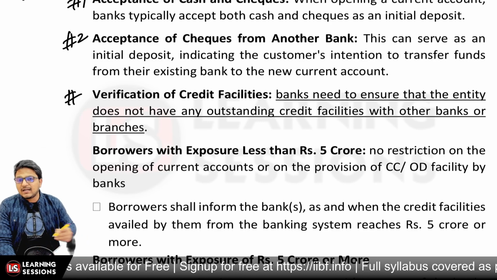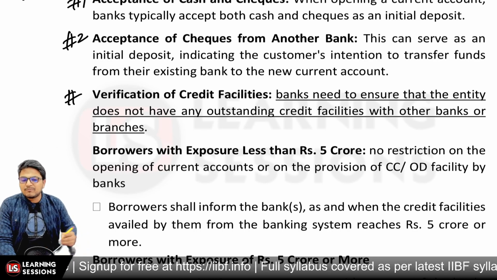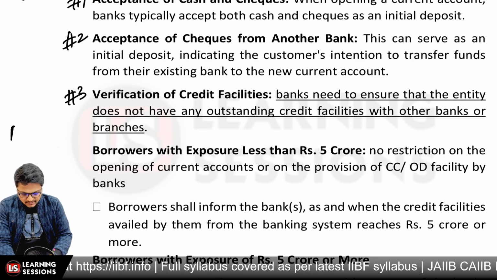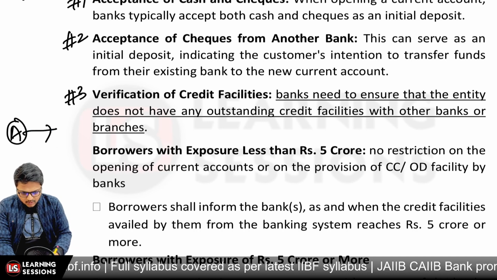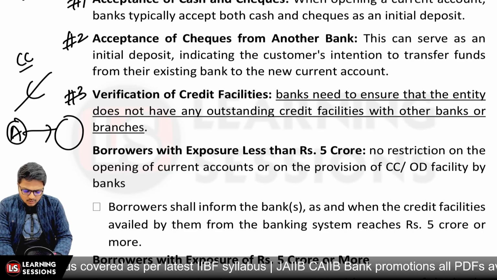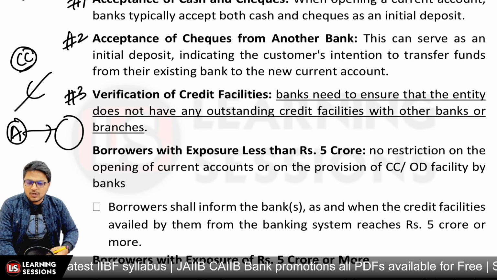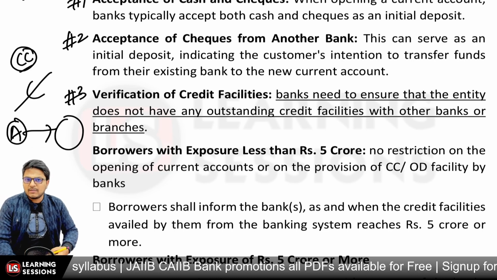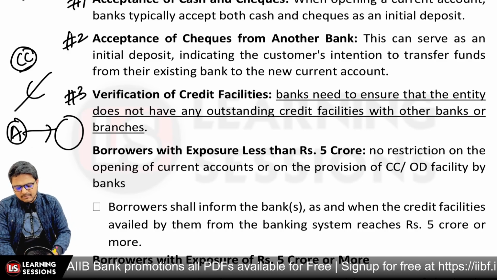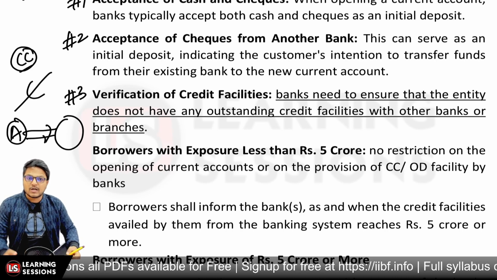And in case the current account holder has an exposure lesser than 5 crore, let's take the scenario that person A came to you to open the current account, and he has availed borrowing or loan services from other banks lesser than rupees 5 crore in the form of CC or OD. In that scenario, the borrower must first inform the bank with which the customer is going to open the account.